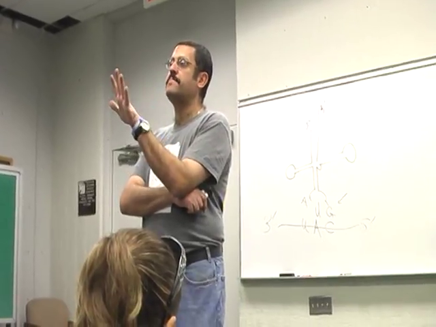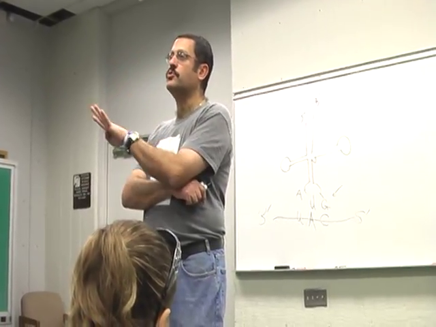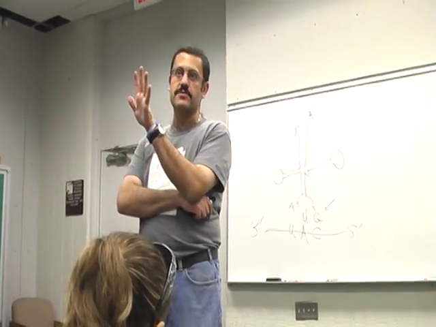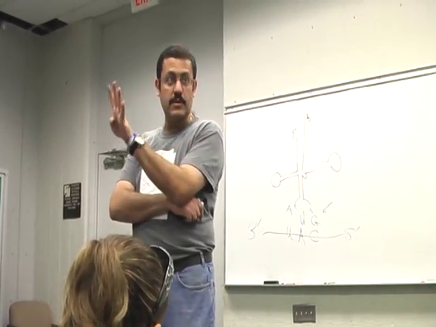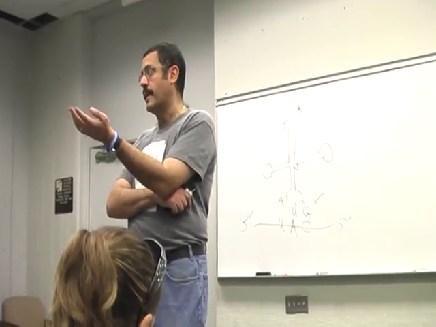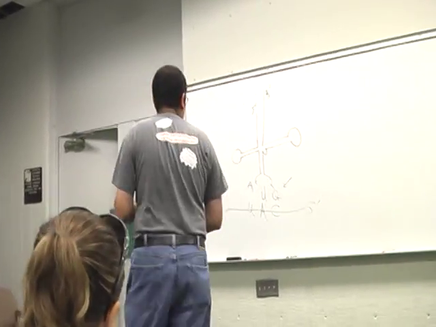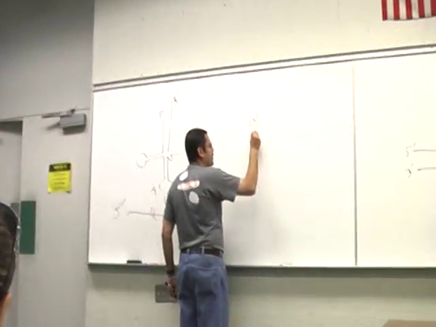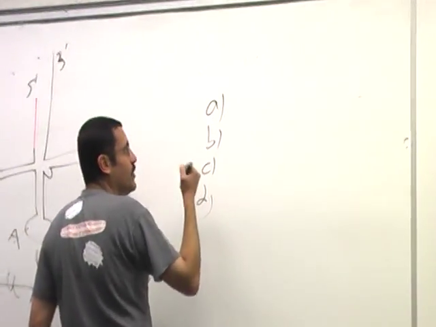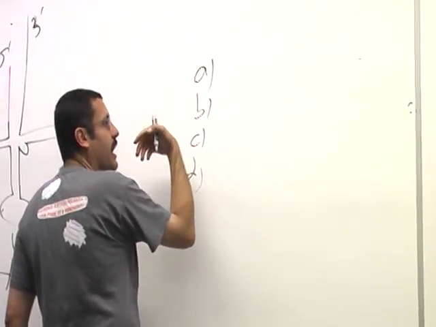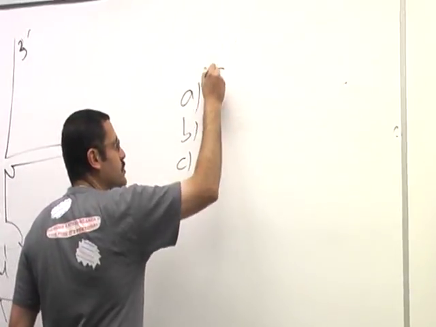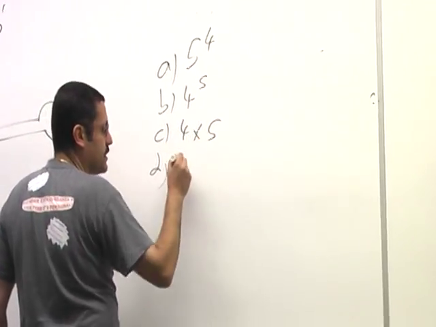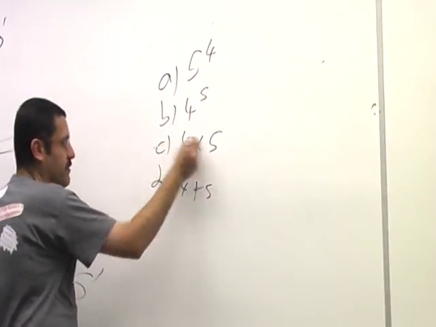If you have 5 bases and it's a quadruplet code, how many codons would you expect? So these are our choices: 5 to the 4, 4 to the 5, 4 times 5, 4 plus 5, whatever.